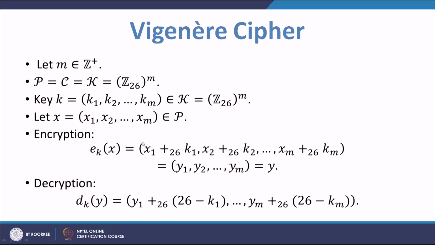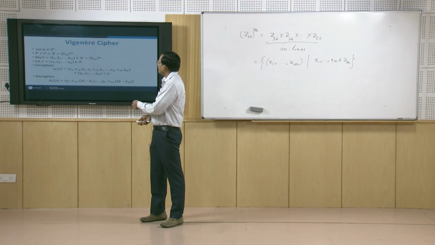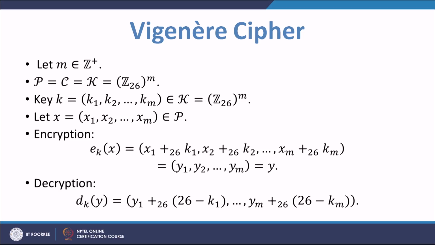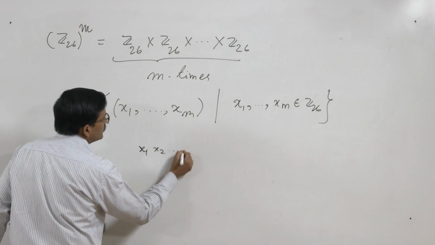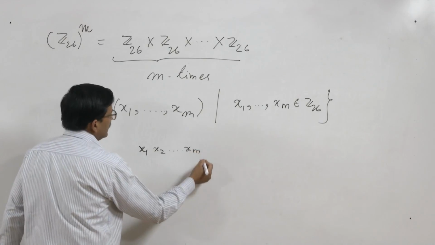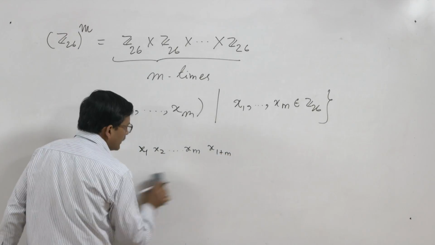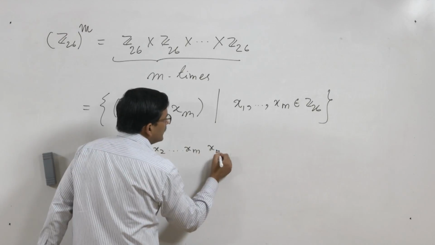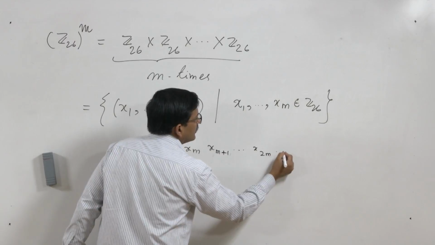My plain texts are now blocks of length m, and to each block I am adding, mod 26, the key block k1 up to km. So, the plain text will be like this: x1, x2 up to xm, then the next block x(m+1) up to x2m, like this.